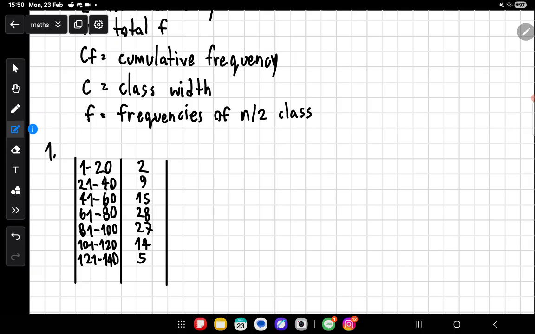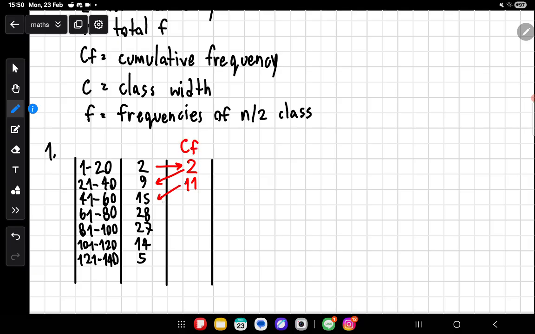Now let's guide you on how to find the median. First, you will take 2 from this and get 2. Wait, let's go to a different color. Take 2 from this, then add 2 to 9 for 11. This is CF, the cumulative frequency.